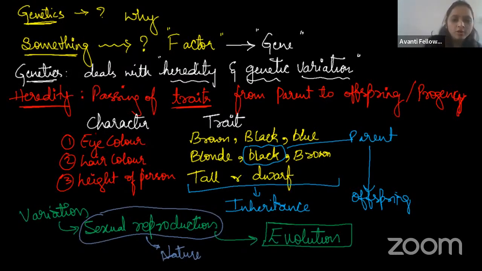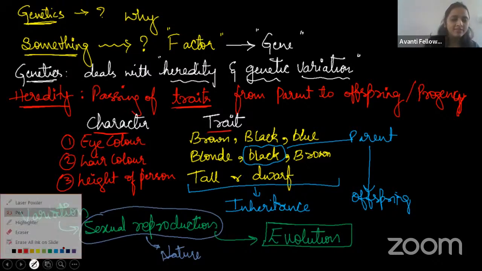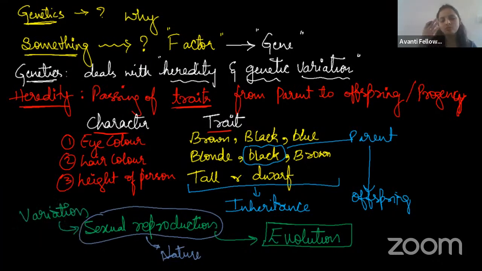So what do you mean by character and what do you mean by trait? Many of you get confused about this. Character means, for example, eye color. My eye color is brown, and maybe your eye color is black or blue.